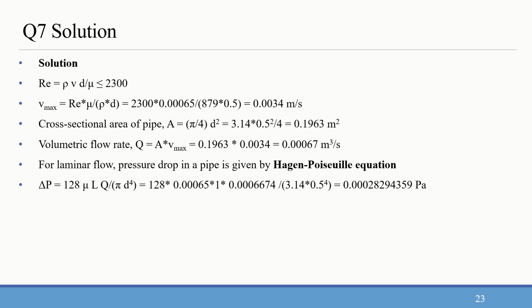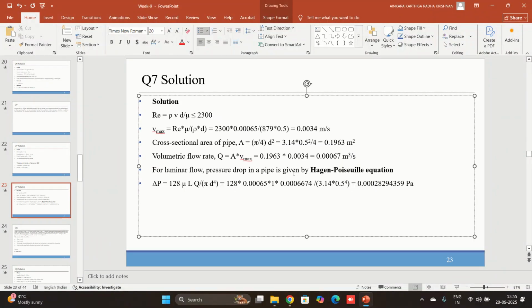It is 2.8 into 10 power minus 4. This many numbers we don't require actually. 2.84 into 10 power minus 4.